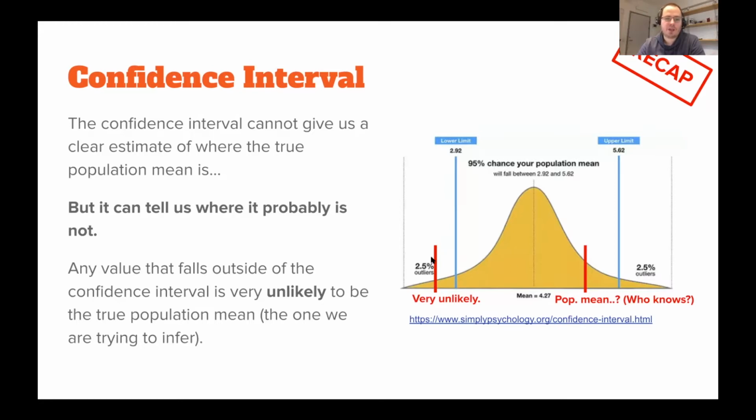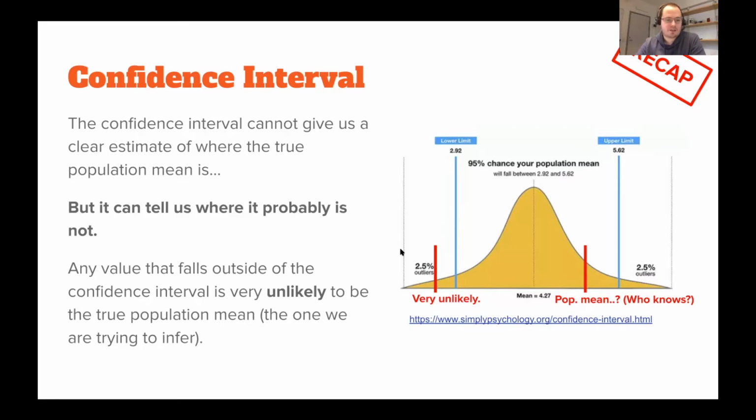But one thing that we can do when we set up such a sampling distribution is that we can say, okay, anything that's outside of these limits, so either less than the lower limit or more than the upper limit, these are very unlikely to be the true values, right? Or in other words, you can say these values are very unlikely to be observed given that we have set up this probability distribution, right?